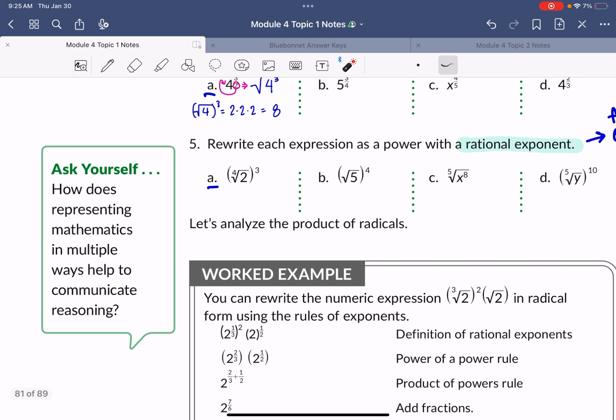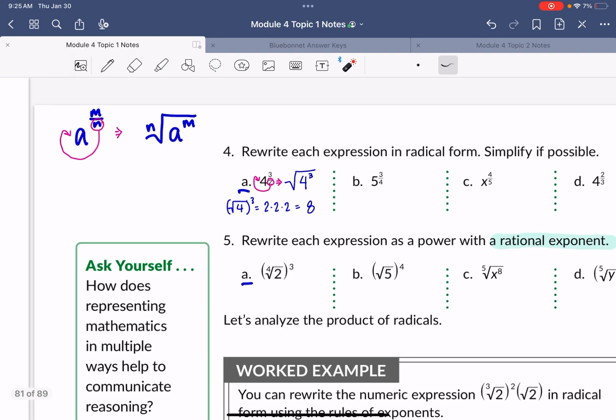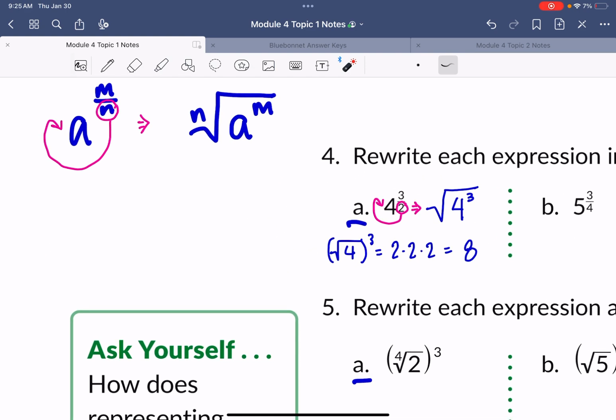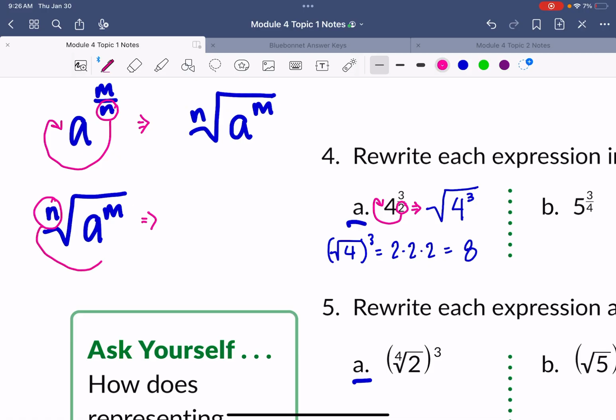Okay. 5. Now they wanted us to go the opposite direction. So they want you to start with the radical and then go into a fractional exponent. So for that one, this is where you have the nth root of some a to the n power, right? And they tell you that you can take your index and write it as the denominator of the current exponent that you have.